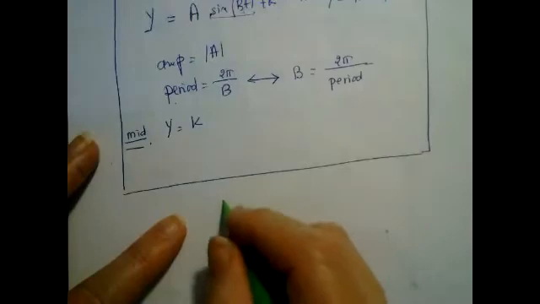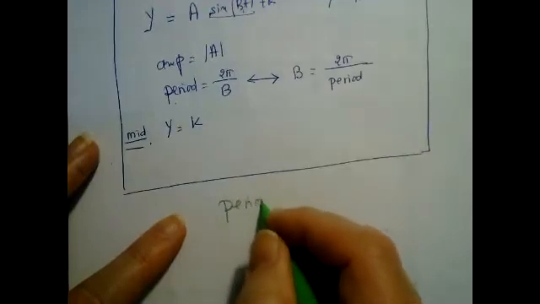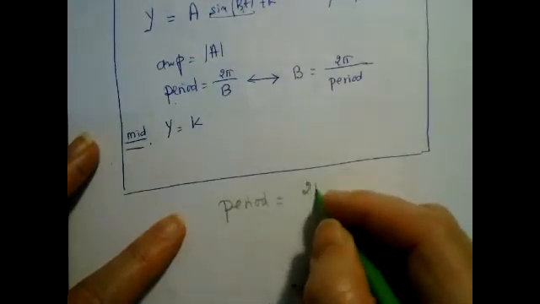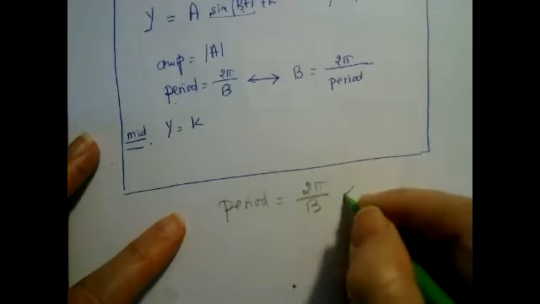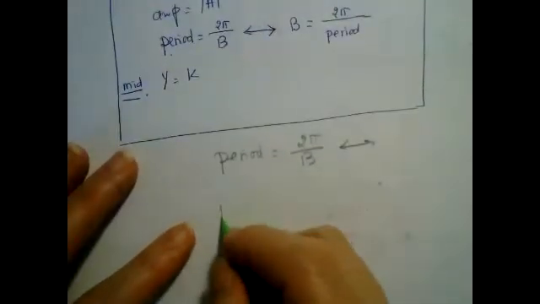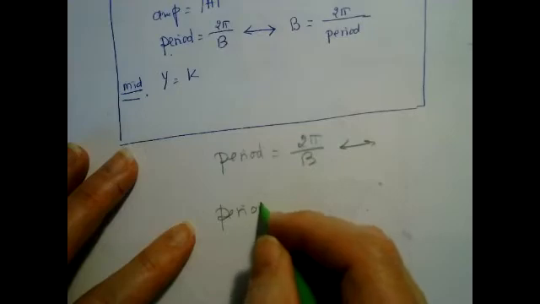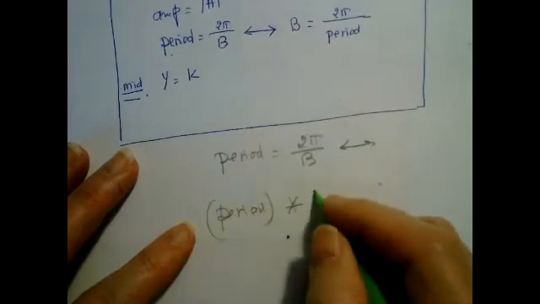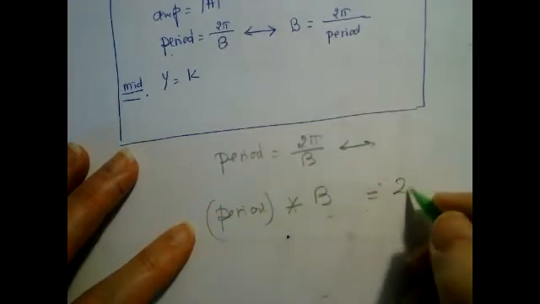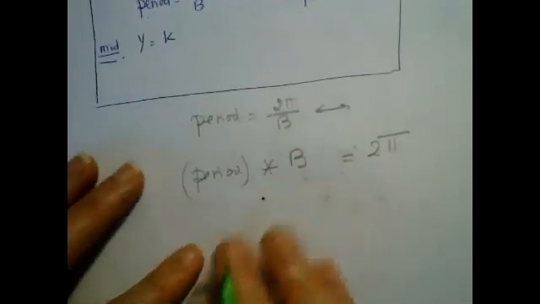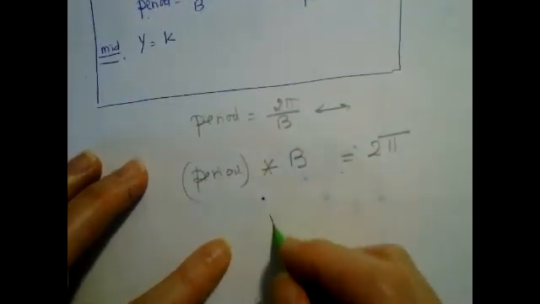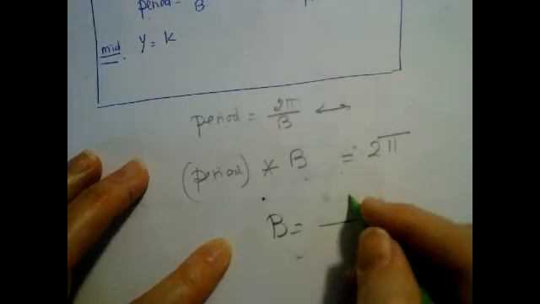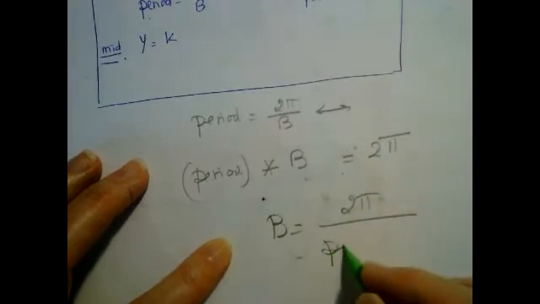If the period is 2 pi over b, and I multiply both sides by b, I get 2 pi. So that sometimes makes the math very easy. It means b is 2 pi over the period.